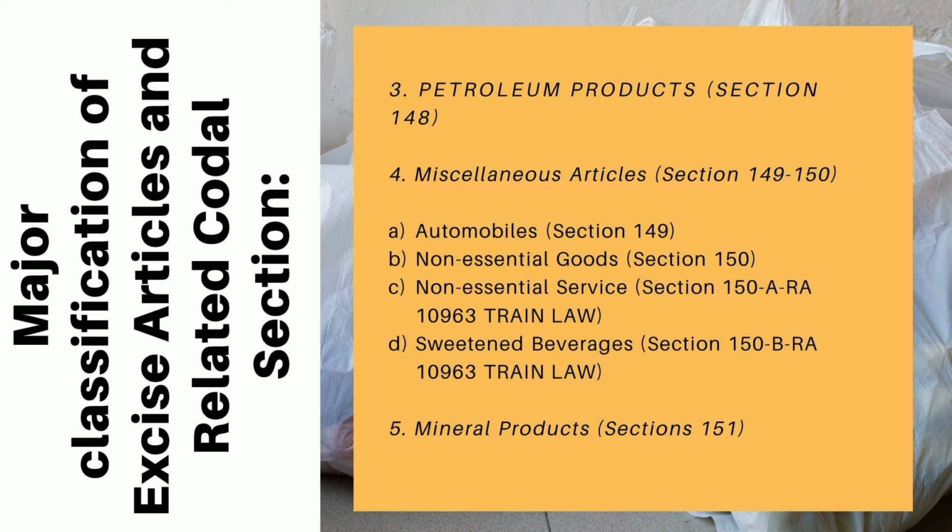Third is the petroleum products. And fourth is the miscellaneous articles. Under these articles is the automobile. Now, take note that if the automobile is purely electric, then no excise tax shall be applicable. For hybrid vehicles, such as those 50% run by electric, 50% of the applicable excise tax shall be paid.